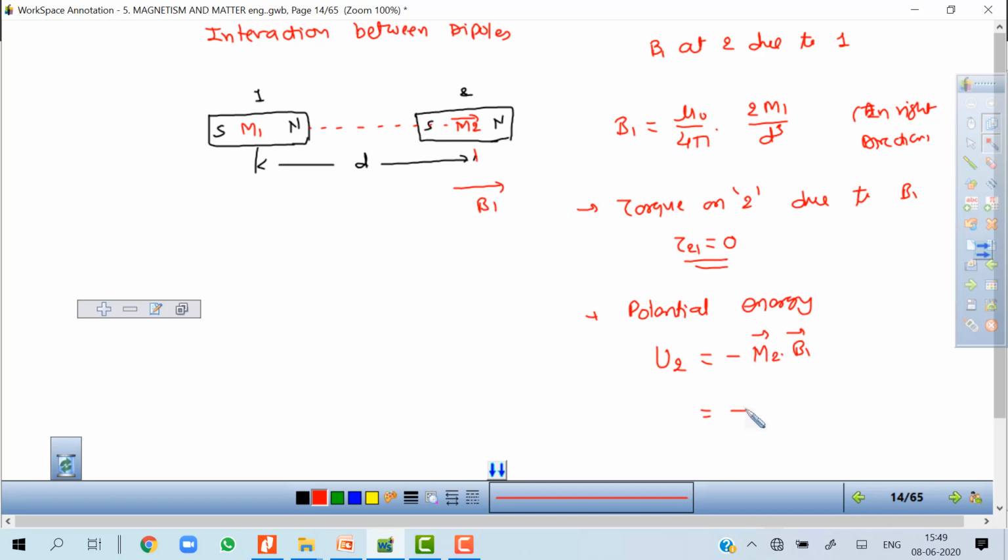So I write directly mu 0 upon 4 pi, 2 m1 m2 upon d cubed, isn't it? This will be so because the angle theta is 0 here.